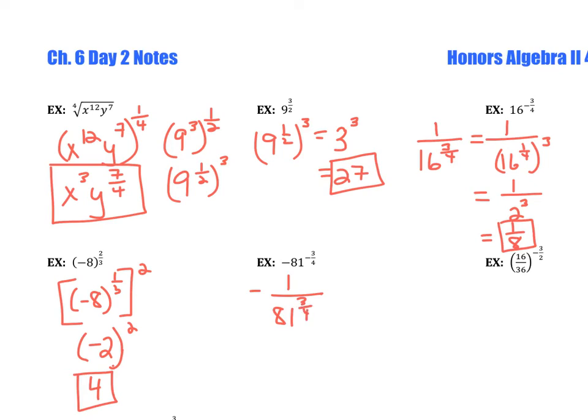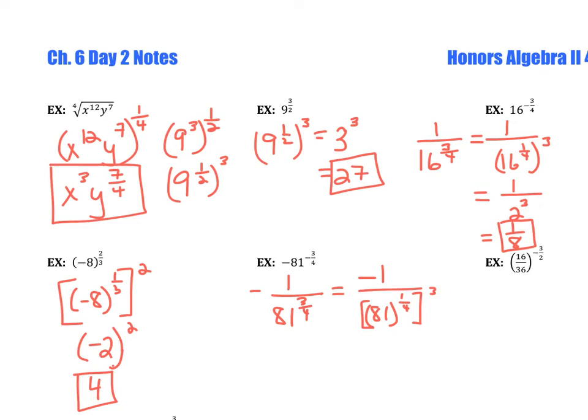And then if I go through and do my rewriting, I'm going to get that that is -1 divided by 81 to the 1/4, all of that cubed. If you want to check that, 1/4 times 3 is 3/4.